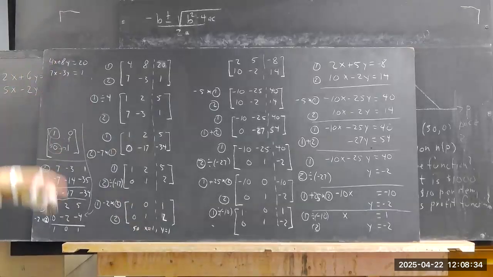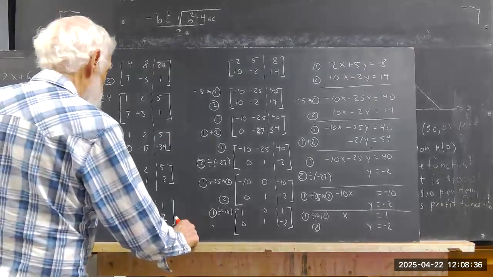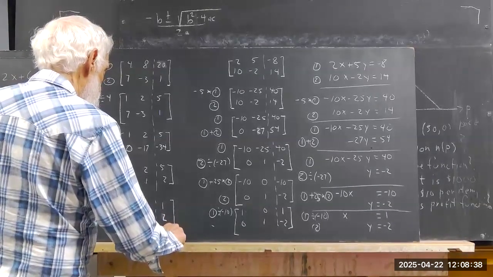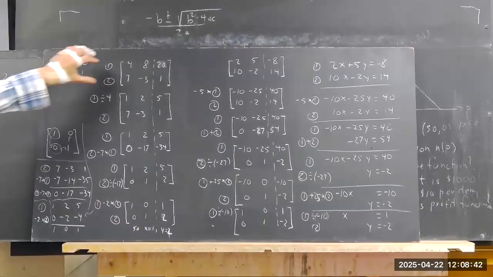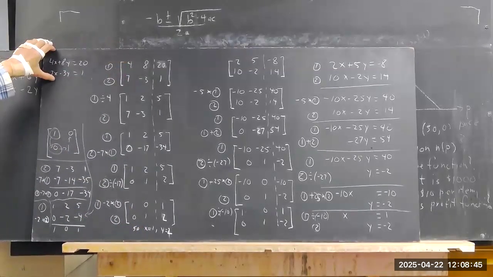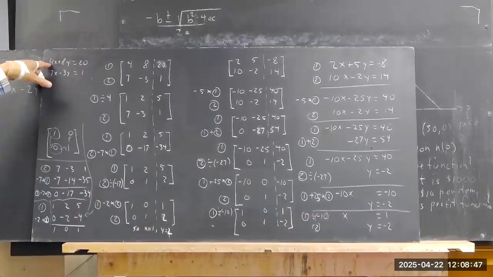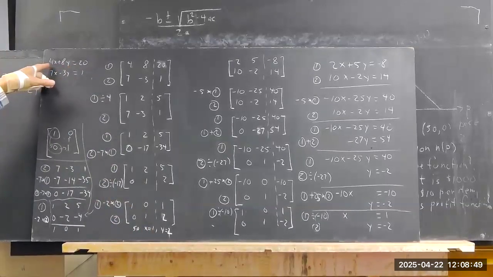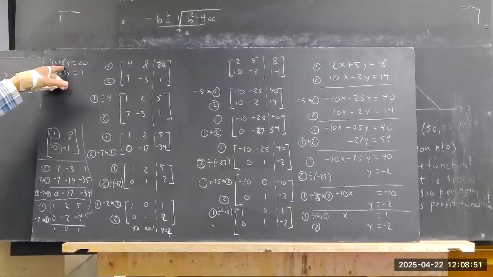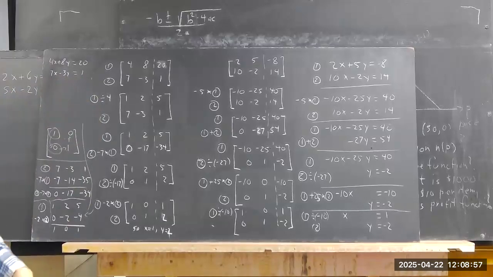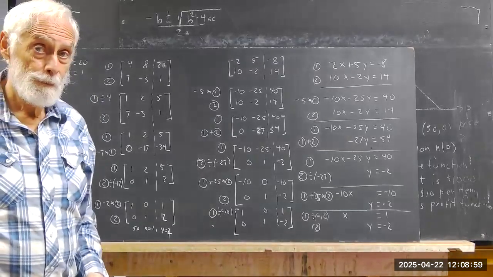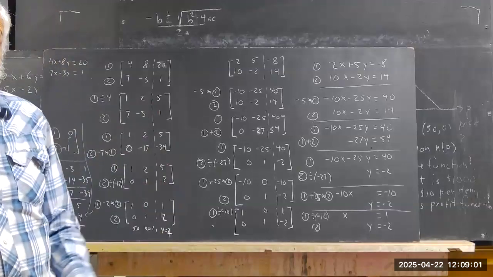I was checking x equals 1, y equals 1, and it didn't work. But x equals 1, y equals 2 does work. So now I plug in x equals 1 and y equals 2. 4 times 1 is 4, 8 times 2 is 16, 4 and 16 is 20. And this one checks out as well. Okay, so now I know that I've done it right.